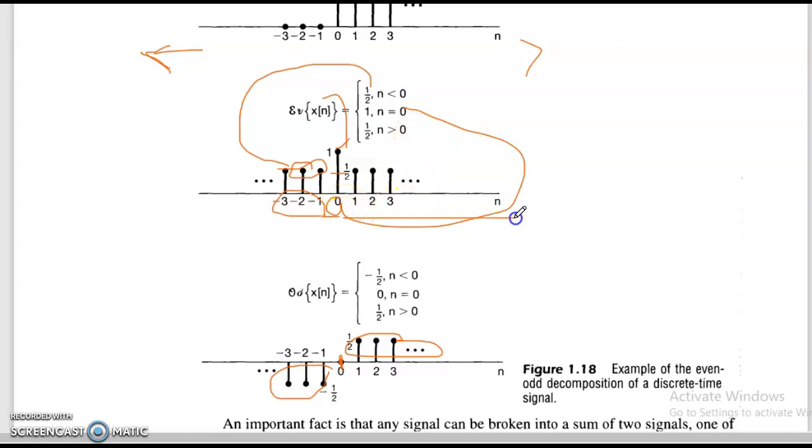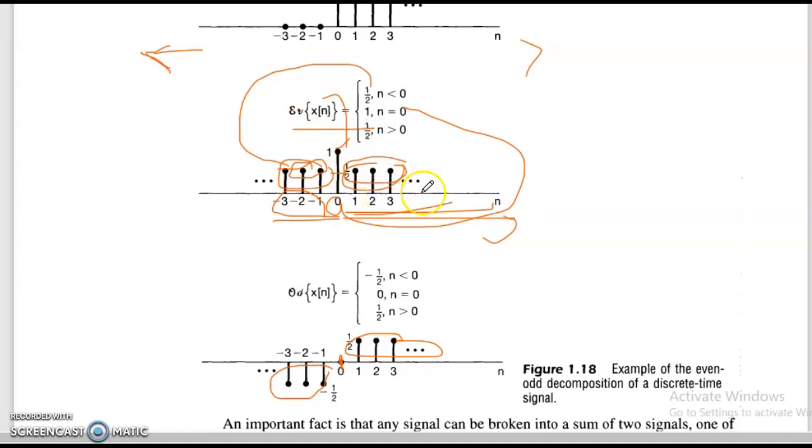In this area, n is greater than 0, and on the left side n is less than 0. So for n less than 0 it is 1 by 2, and for n greater than 0 it is also 1 by 2.